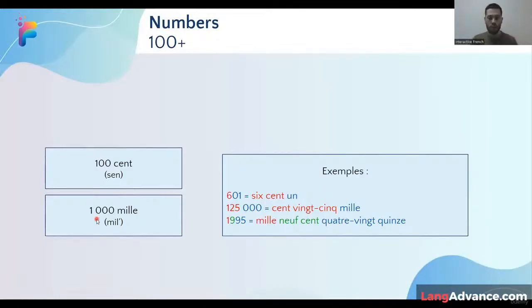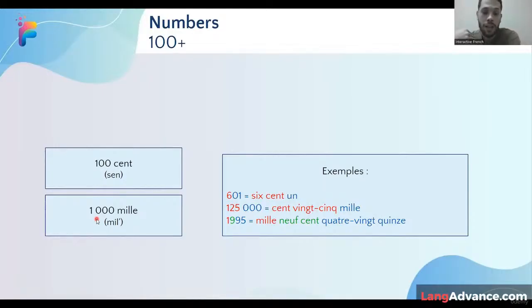Mille is 1,000. So you would say mille, deux mille, trois mille, quatre mille, cinq mille, six mille, sept mille, huit mille, neuf mille, right? You just say the figure, and then mille.